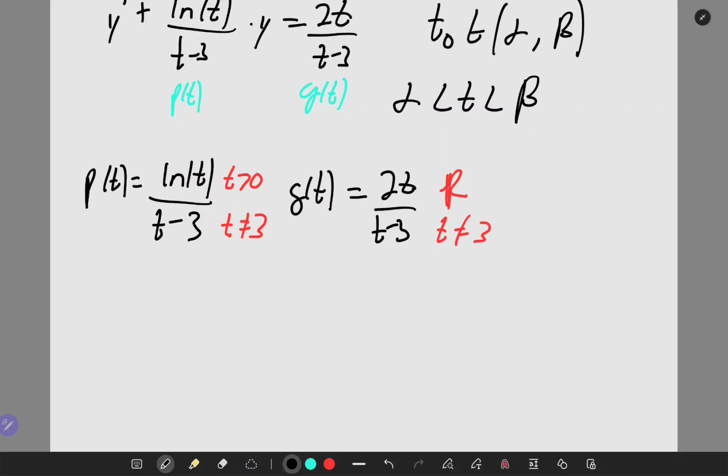Okay, so now I'm going to rewrite this like this. If t has to be greater than 0, that means the interval on the top is 0 to infinity. Now for the bottom, it's just going to be 3, and I'll put little curly brackets around that. Now for this one, we have all real numbers, and the same thing, 3. So now, where are both of these functions continuous?